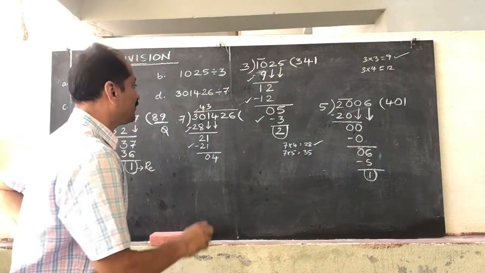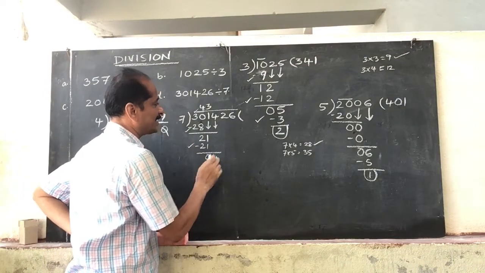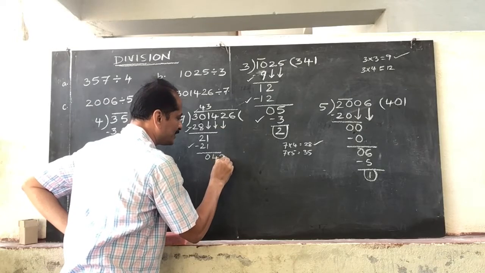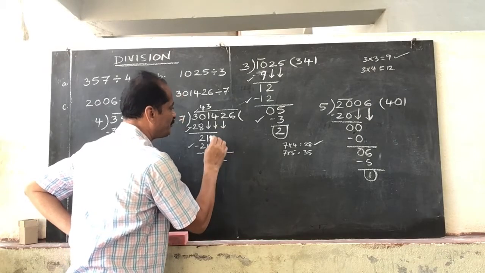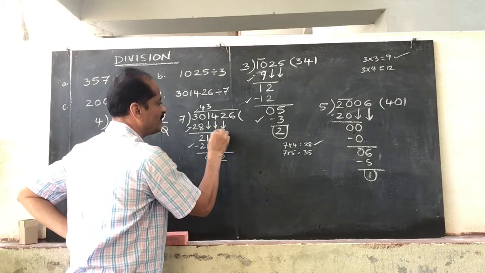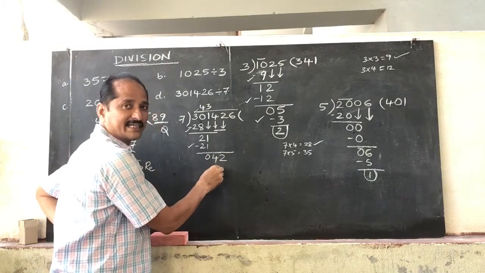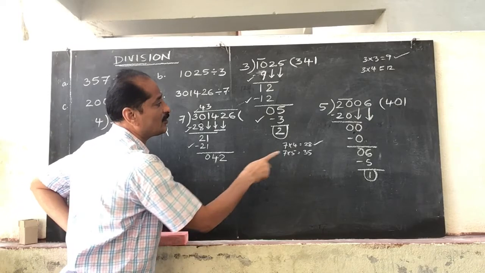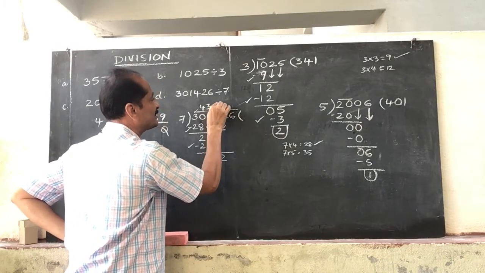Now we brought 1 digit, and since it is not divisible, the second digit also we are bringing, that is 2. That means at a time we brought 2 digits, 4 and 2. Whenever we are bringing down 2 digits at a time, we have to place 1 0 in the quotient.